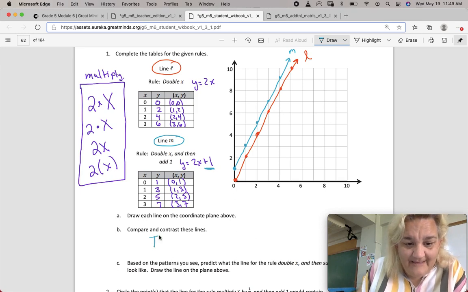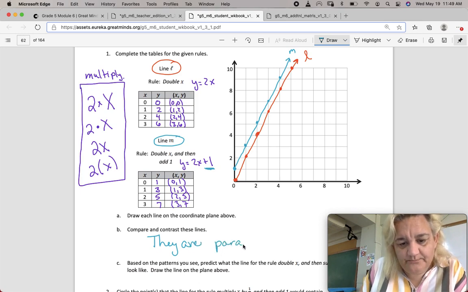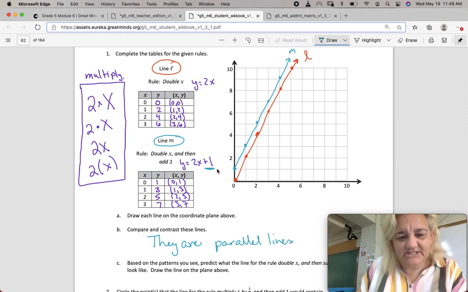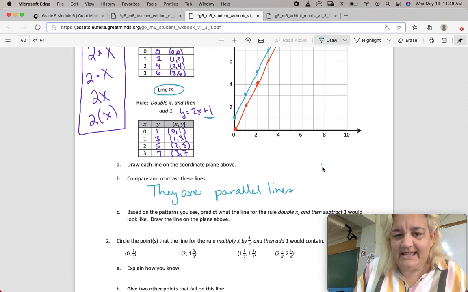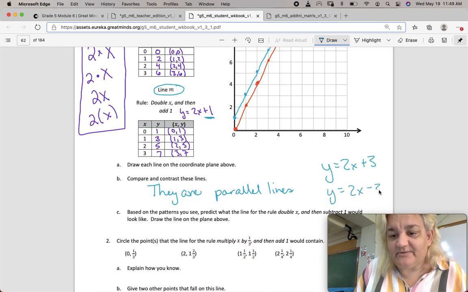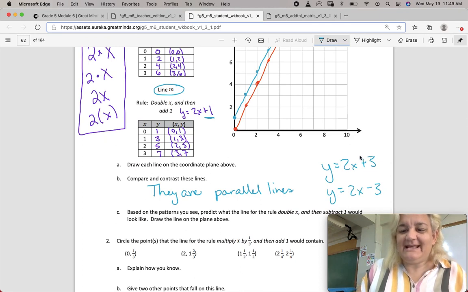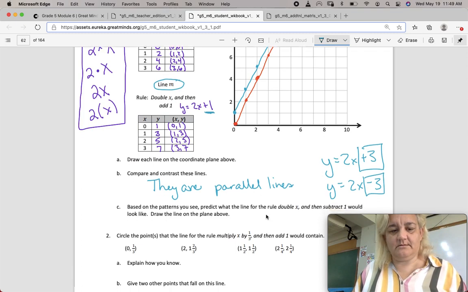They are parallel lines, because that addition is still right there. And if we did any line like that, we could go y equals 2x and then add 3, that would still be parallel. y equals 2x minus 3, that would also still be parallel because this is the part that makes them parallel to each other.